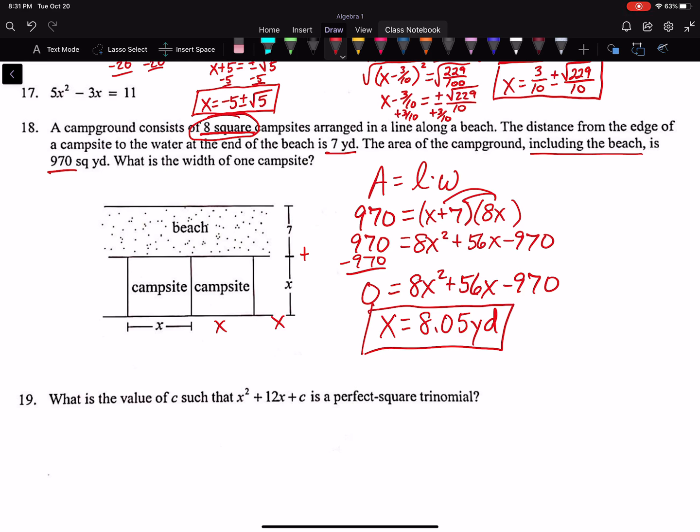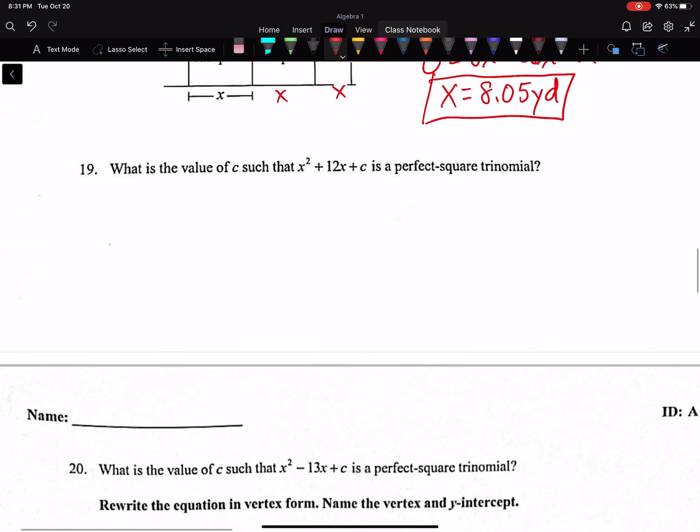Okay? 19 and 20, this is just making sure you understand the process of finding the value of c that will make it a perfect square trinomial. So this is the part where we're taking b, dividing it by 2, and squaring it every time. So that's what c is going to equal.